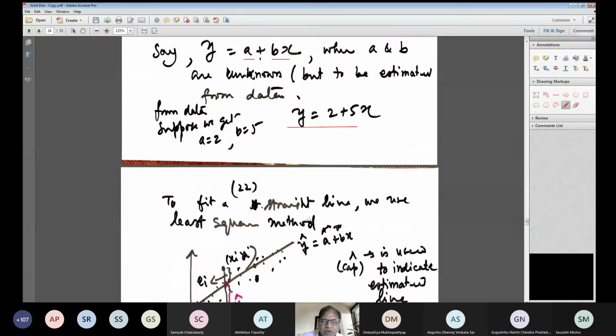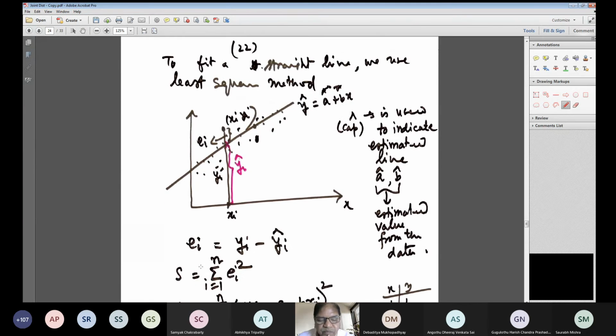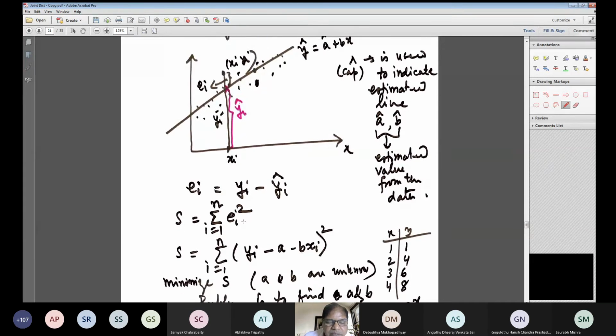So to fit the line, as I told you, we have the error y minus y i hat, and the sum of squares of the error we write, which is y minus a minus b x i.